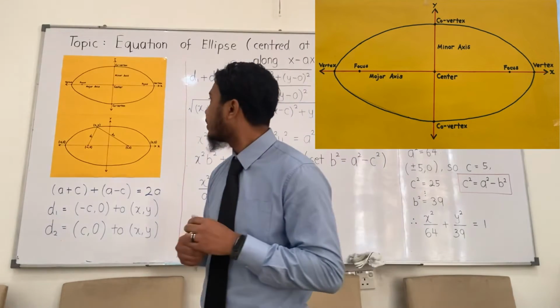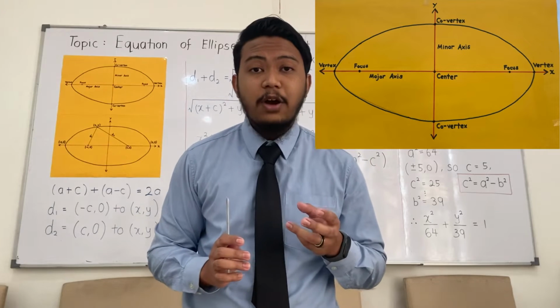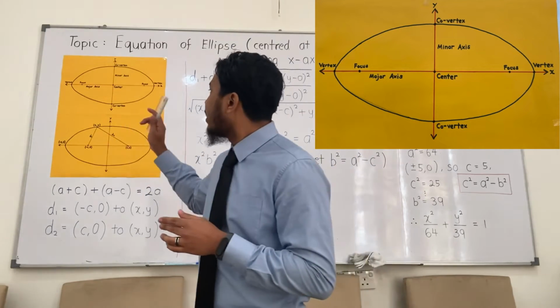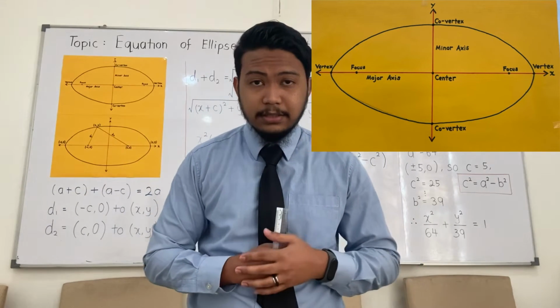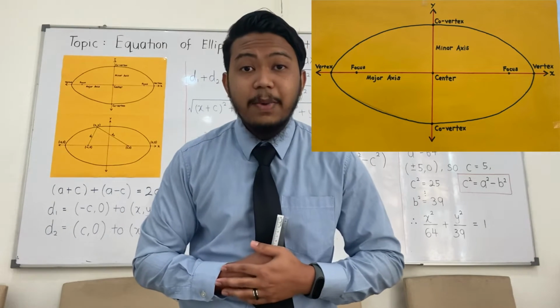Then every ellipse has two axes of symmetry, which is the longer one we call as major axis, and the shorter one we call as minor axis.